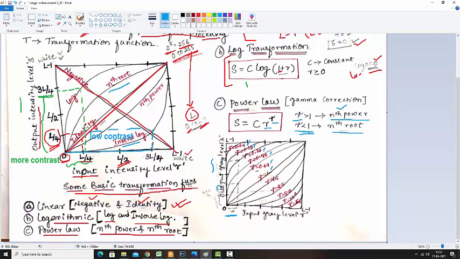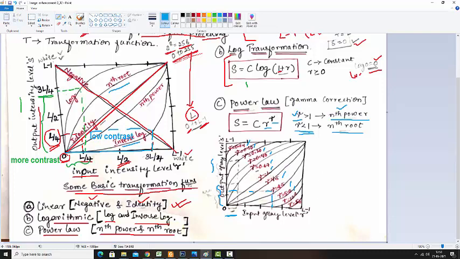The curve is a little larger or smaller, or any value can occur according to the gamma. When the gamma value becomes greater, the gray level stretching will become lesser here.